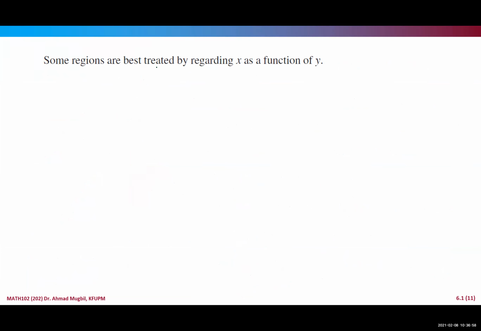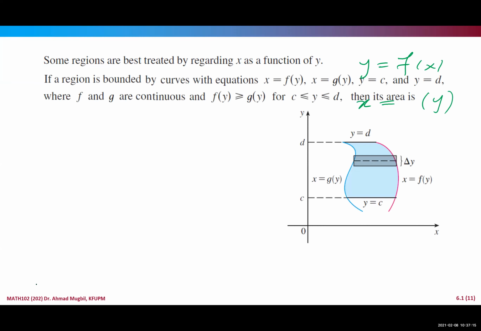Some regions are best treated by regarding x as a function of y. So usually we write y as a function of x, but for some regions, it is better to consider x as a function of y. Let's say x equals g of y. For example, if you have a region bounded by the curves x equals f of y and x equals g of y between c and d, where f here is greater than g.